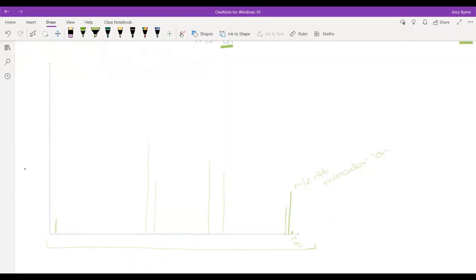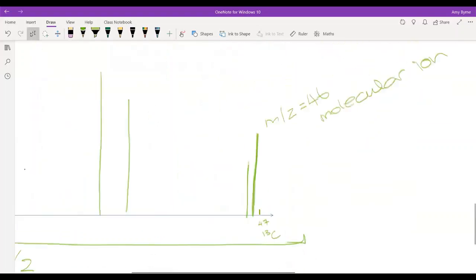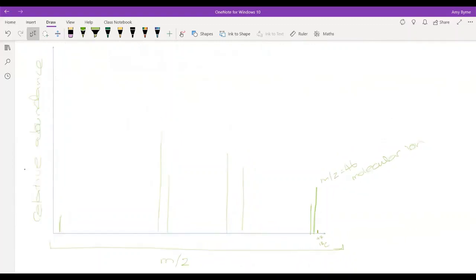This axis is labelled as M to Z, so mass to charge, and this y-axis is relative abundance. For our purposes, there is no particular relevance to the different heights of these peaks other than our isotope peak, which is just above where that molecular ion is.